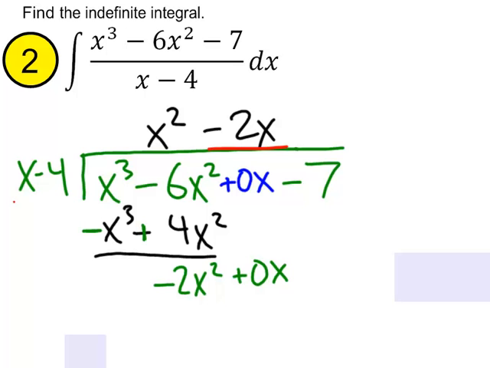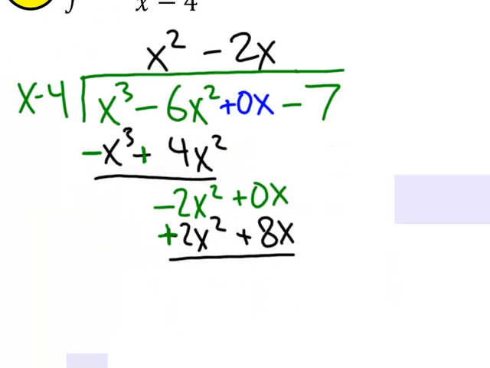So negative 2x times x minus 4, that's going to give us negative 2x squared plus 8x. Again, reverse the signs if you like. Make that a plus and make that a minus, and we will get minus 8x, negative 8x. Bring down the minus 7 from above here.